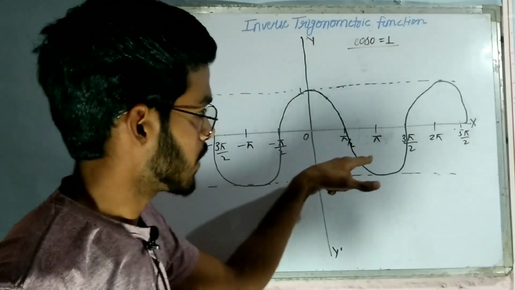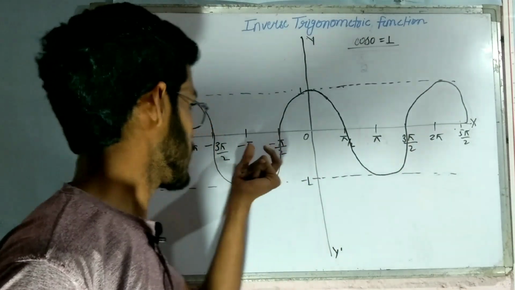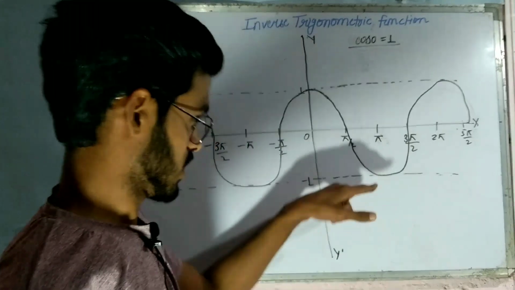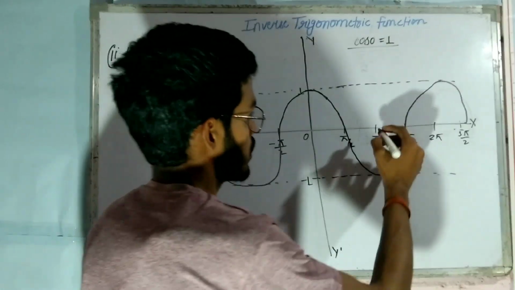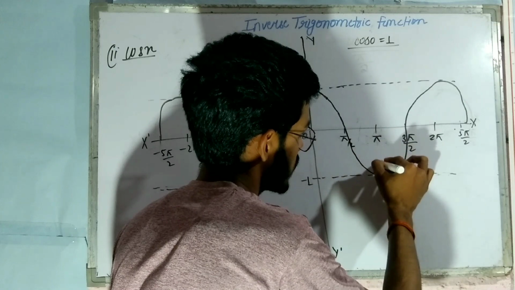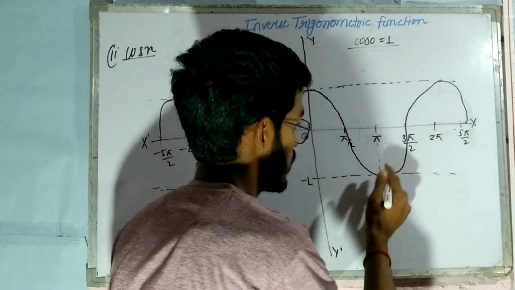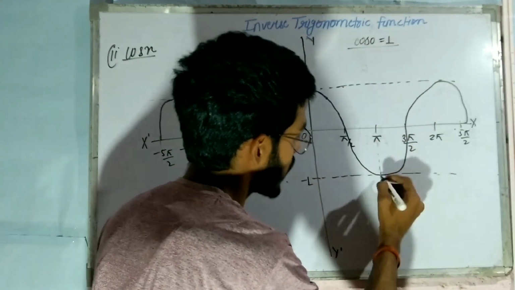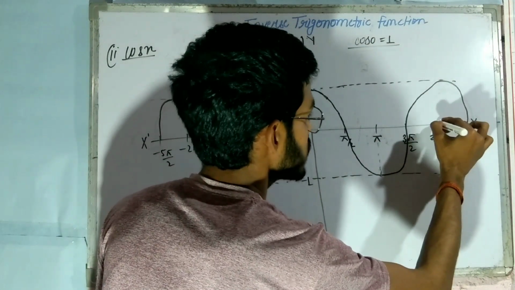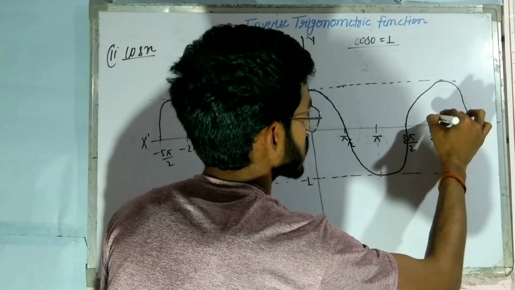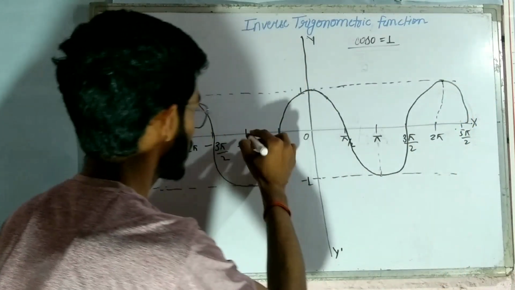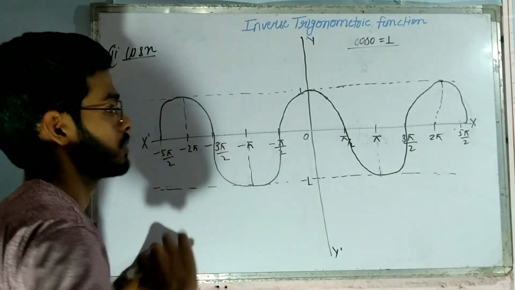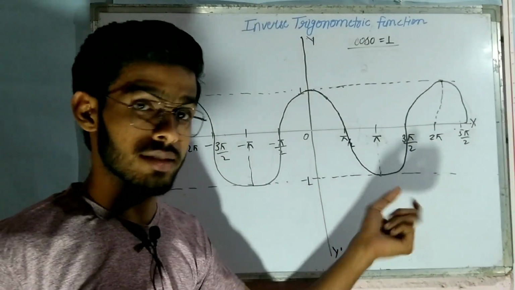It passes in front of pi, 2 pi, minus pi, minus 2 pi and so on, where the value of cos x is 1 or minus 1. You can see that cos pi is -1 because it touches here, cos 2 pi is +1, cos minus pi is -1, and cos minus 2 pi is +1. So this is the graph of cos x.